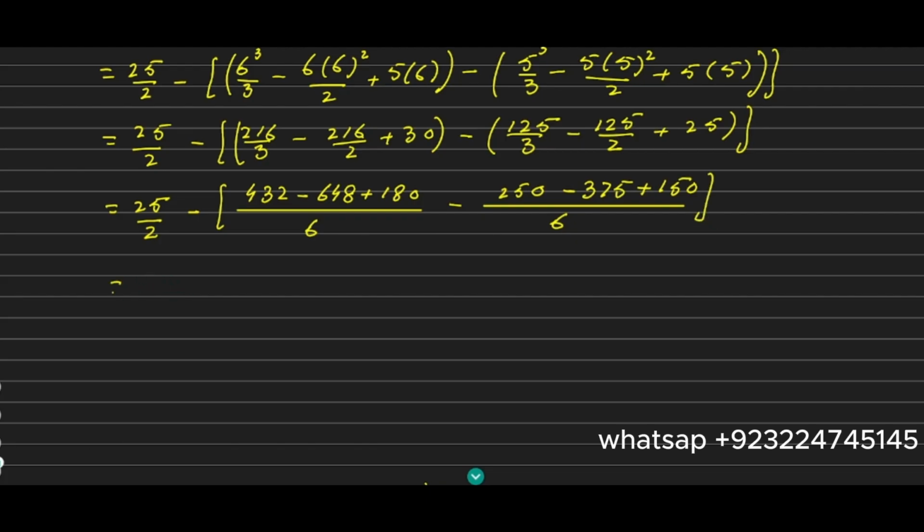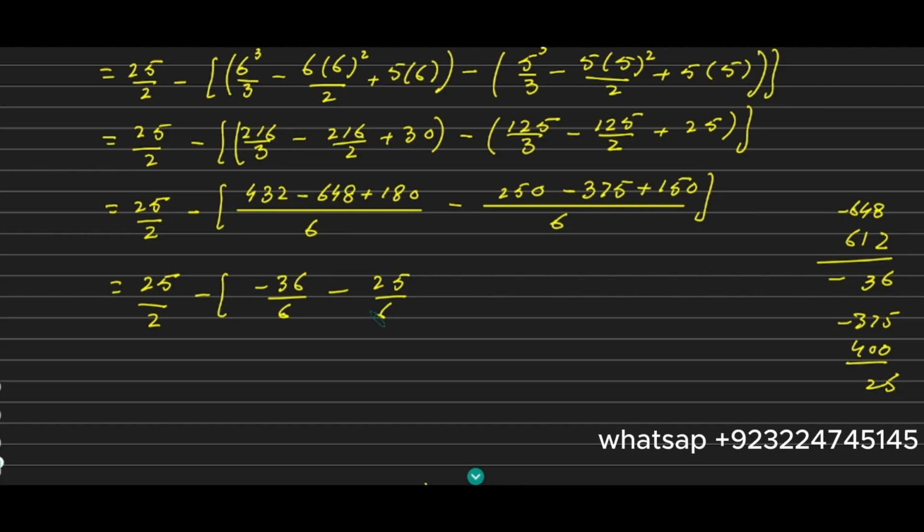Now we solve. 25 by 2 minus, we get minus 36 by 6 minus 25 by 6.